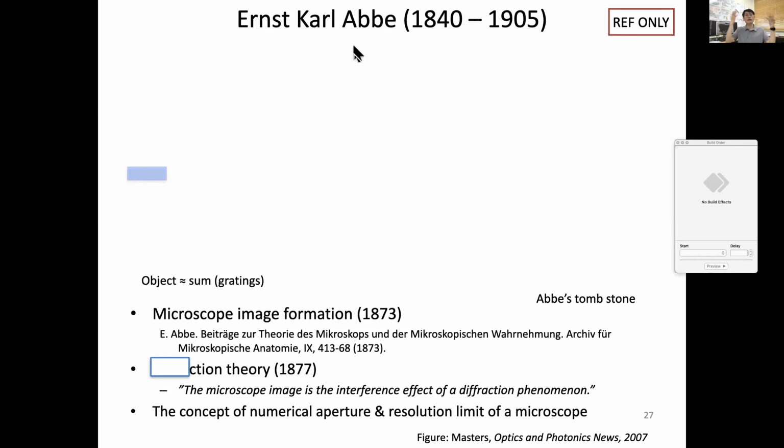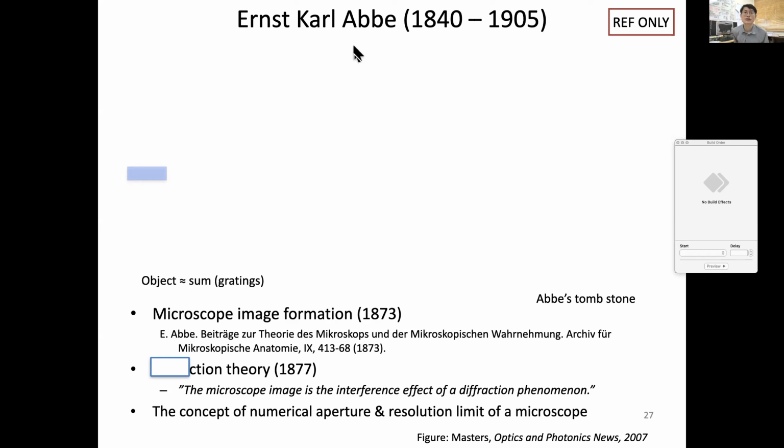Likewise, any object in the outside world, we can consider as a superposition of gratings. This might sound a little weird, but this is a fundamental insight into understanding the object. And we want to have an optical element or optical system to grab that information onto your screen.